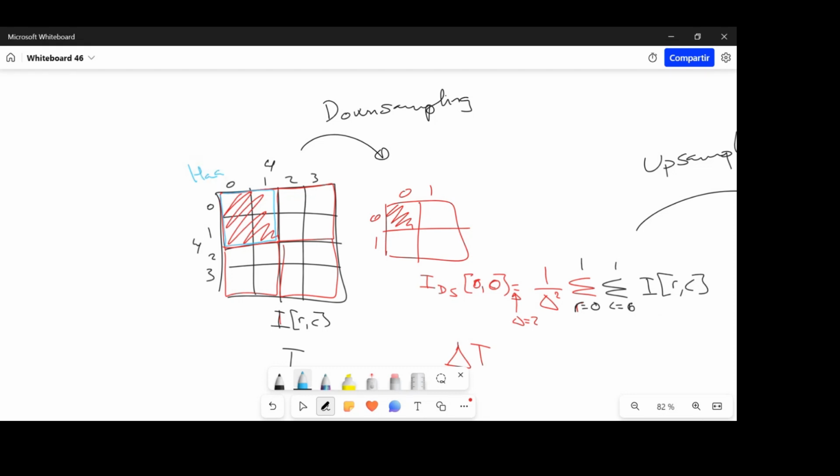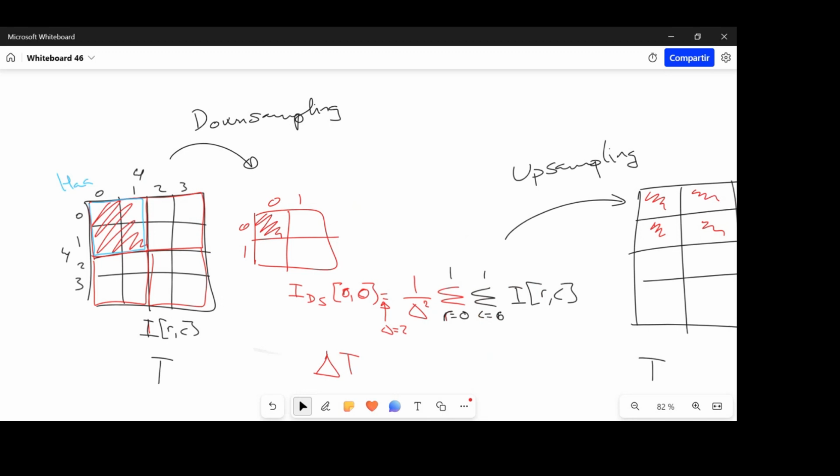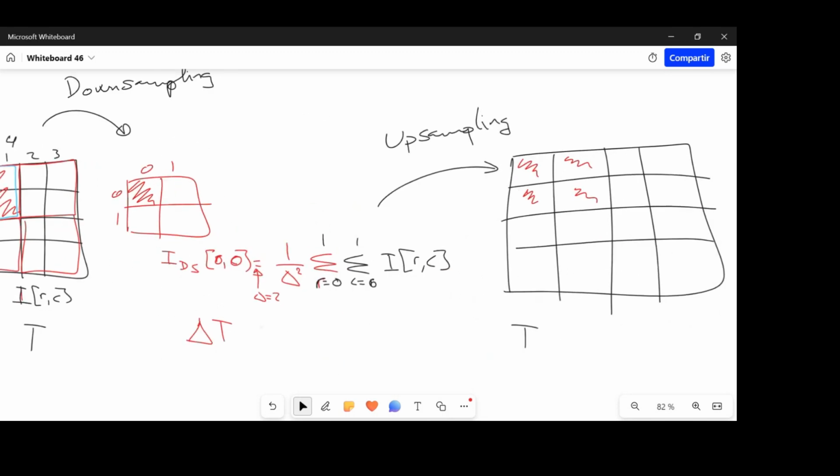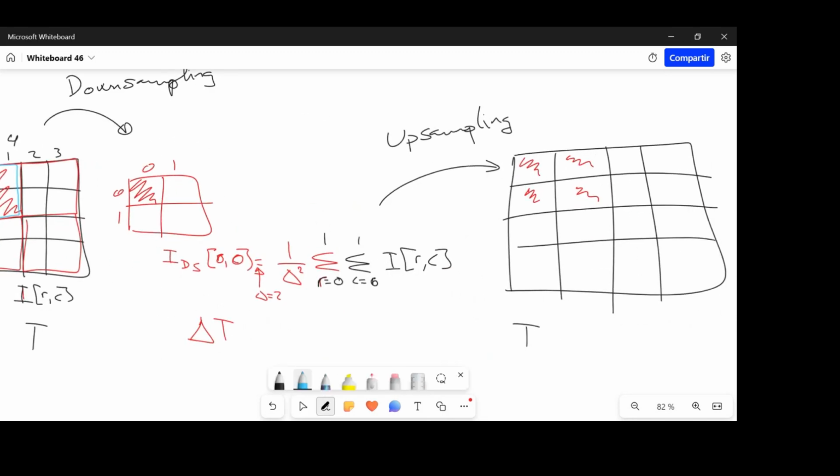It is not the ideal one, but it is a low-pass filter that is preventing the high frequencies from overlapping. So this averaging of 4 times 4, this operation, is anti-aliasing.